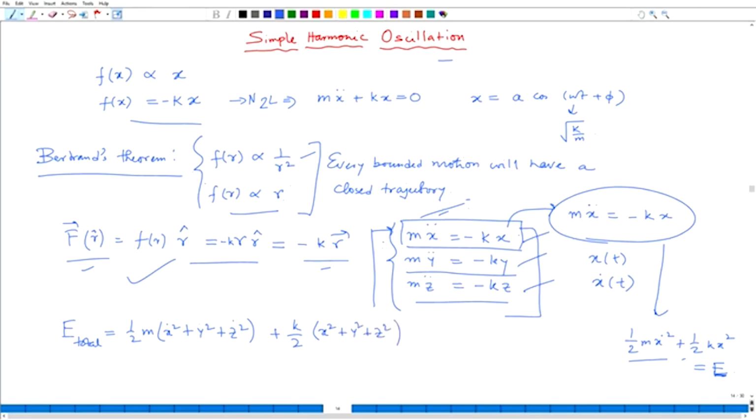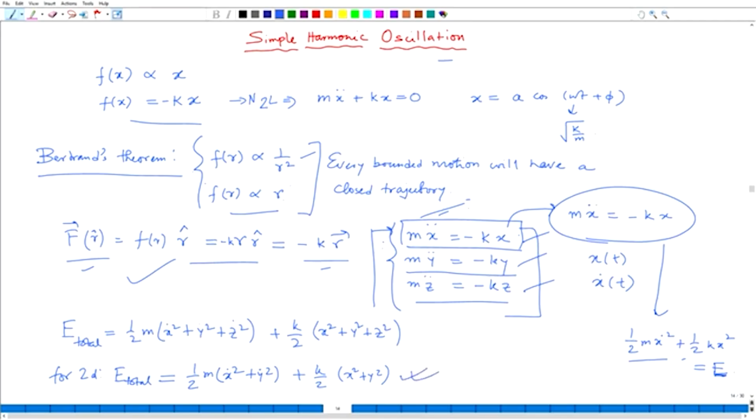Or for 2D, if this is a central force and the motion takes place in a plane, let us say the xy plane, then E total is half m (x dot square plus y dot square) plus k by 2 (x square plus y square), and this is the conserved quantity.